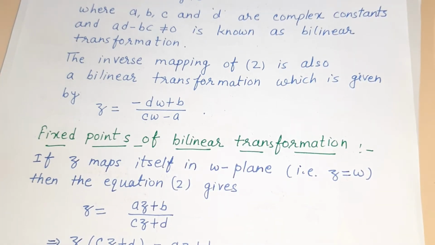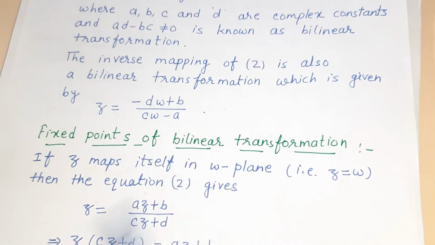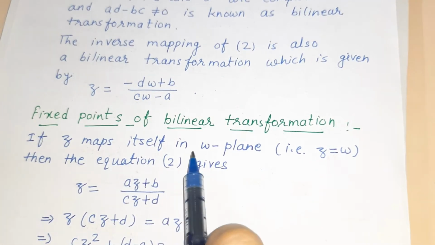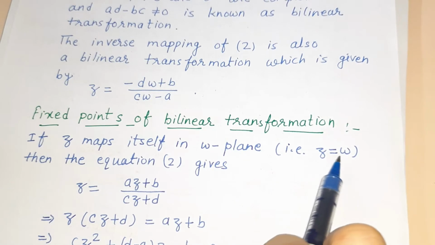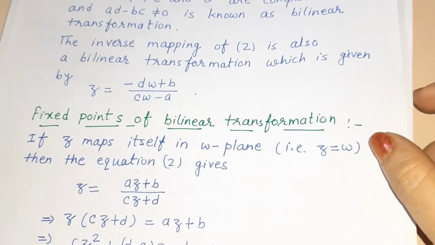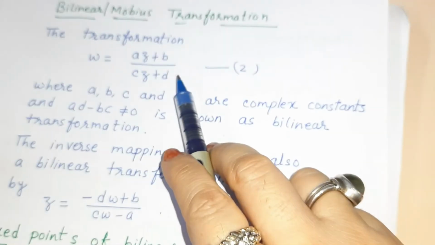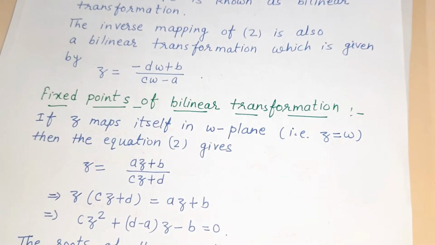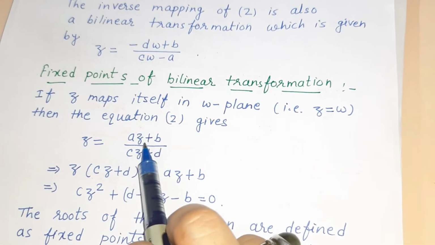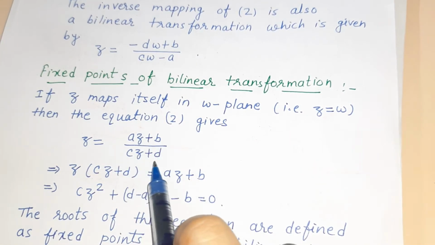The next point is the fixed point of bilinear transformation. If z maps to itself in the w plane, that means z = w, then equation number 2 gives the relation z = (az + b)/(cz + d).